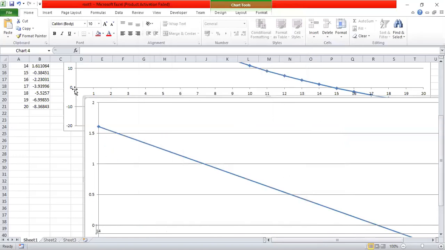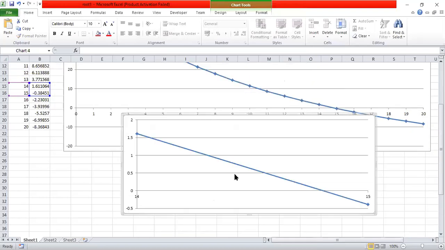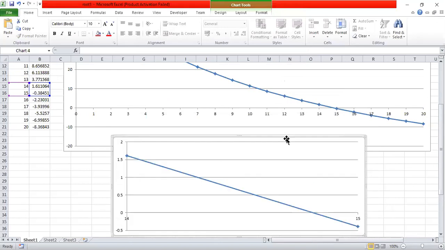Okay, so when we do it this way, let me just reduce it. So we know that the root is between 14 and 15, and we are not really sure. So when I'm just narrowing it down, this is like the full plot. So we know that the root is between 14 and 15. So I'm just plotting from 14 to 15 here.